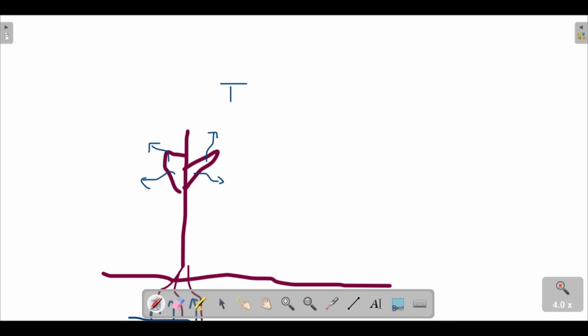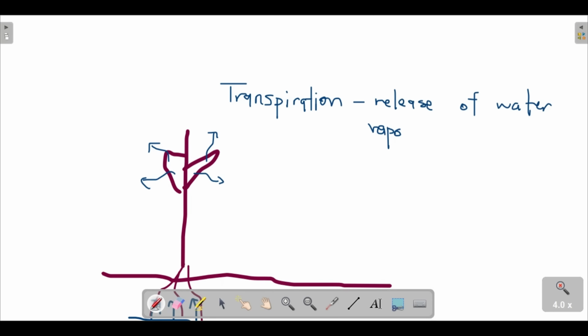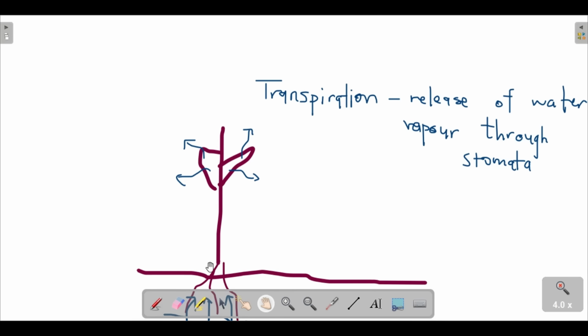We call that transpiration. That is simply the release of water in the form of vapor by plants through their structures that we call stomata, which are like small holes that you find in the leaves. The point here is that plants release water in the form of vapor.